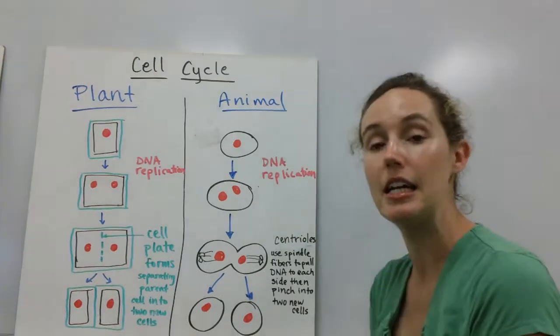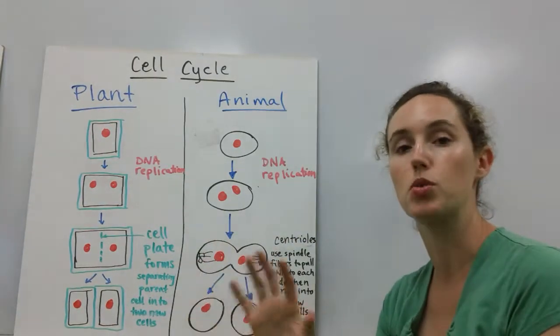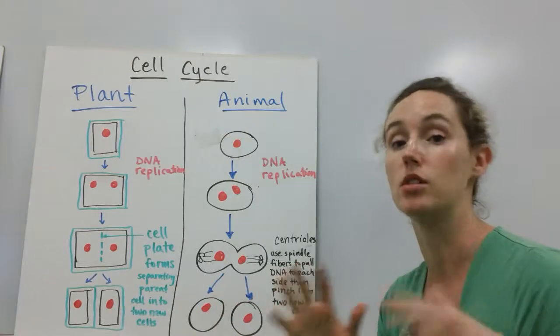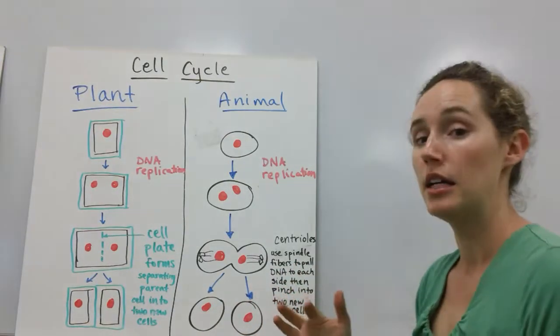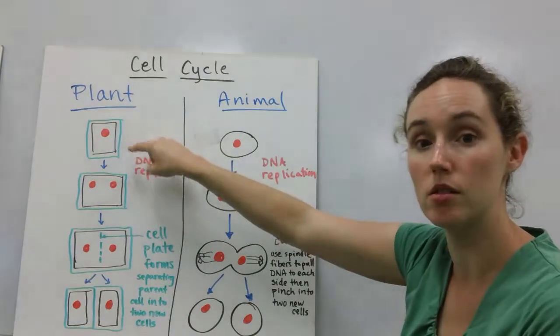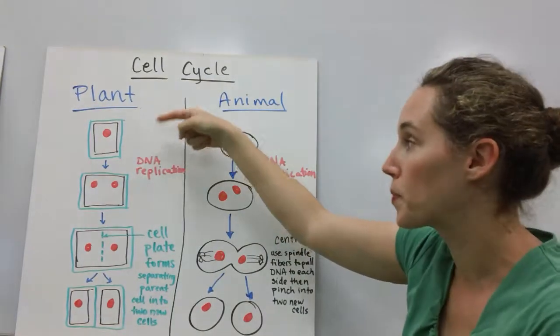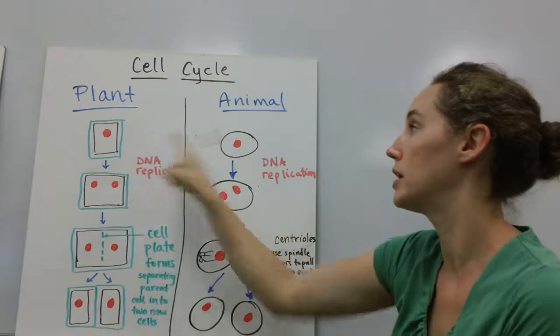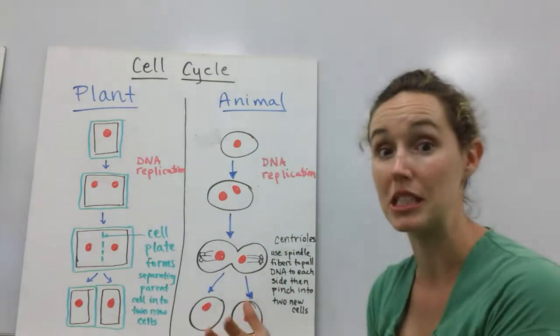And finally, it's important to see the differences between how plant cells and animal cells reproduce. It's a lot simpler in plant cells. So again, we have our basic leaf-looking plant cell. These little red dots throughout are like the nucleus or DNA.